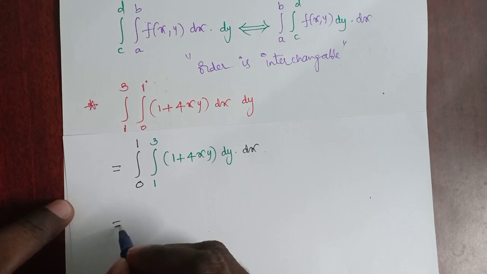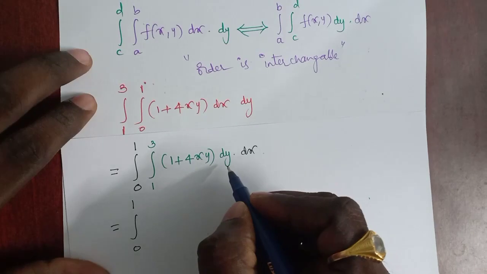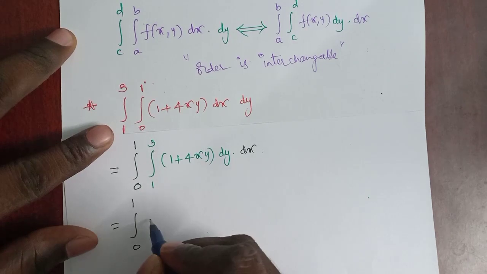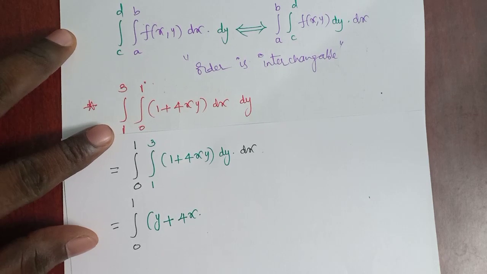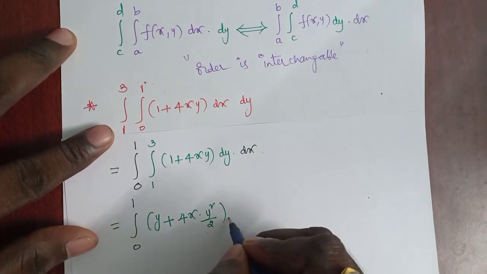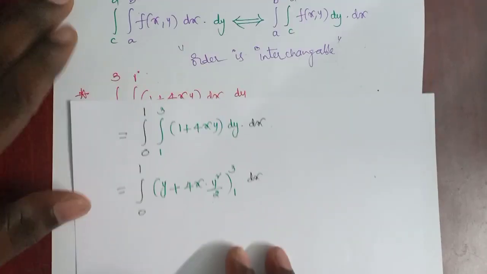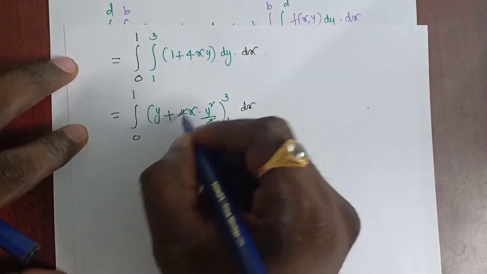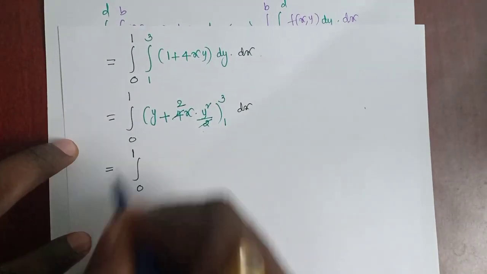See, integration of 0 to 1, and for this, if you want to integrate with respect to y, treat x as a constant. For 1 we have y, plus 4x into, for y it is y square by 2, and the boundaries are 1 to 3, dx. Now the two 2s get cancelled, so it is 0 to 1.